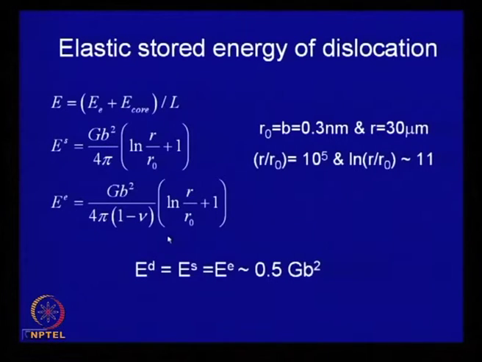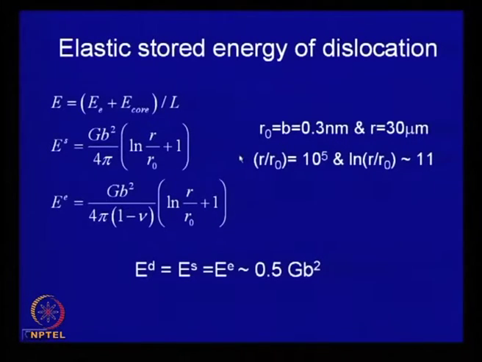But what is the order of this energy? It will be interesting to look at the dimension of the core. We found that it is of the same order as the Burgers vector, and say for an FCC crystal like copper, the Burgers vector may be of the order of 0.3 nanometer.